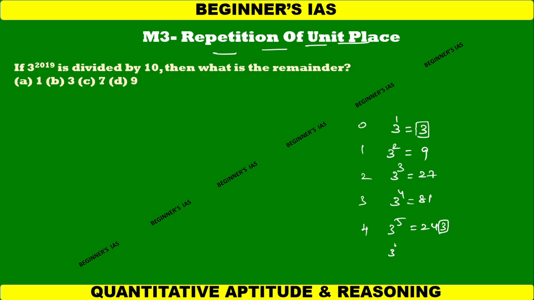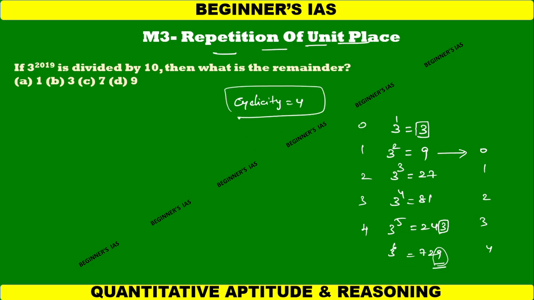Here 3 power 6 is 729, and this 9 also becomes cyclic after this. Check here 0, 1, 2, 3, 4. Here the cyclicity for 3 is, remember, 3 power 4n is equal to 1. That is a very important concept. It repeats after 4, therefore the cyclicity is equal to 4.